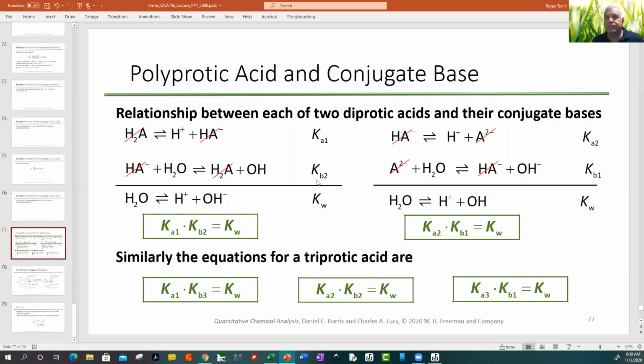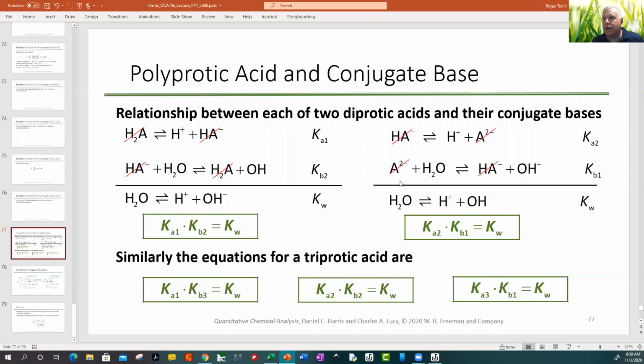And this is Kb2 because this is the second base reaction of A2 minus. It doesn't really matter what these numbers are. You just have to find the proper one that cancels. Ka1 times Kb2 is Kw, and Ka2 times Kb1 is Kw.